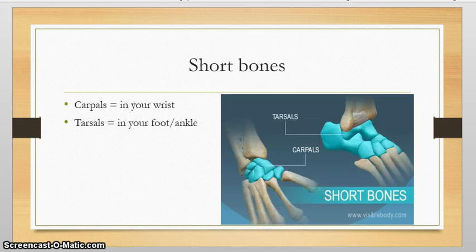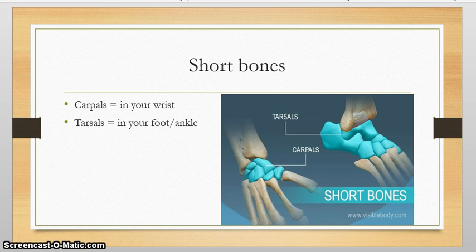Next one is the short bones. Short bones are defined as being approximately as wide as they are long and have a primary function of providing support and stability with little movement. Examples of the short bones are the carpals and tarsals. The wrist is the carpals, and the tarsals are in the foot, like your ankle.